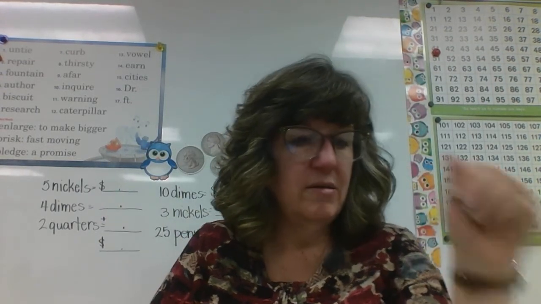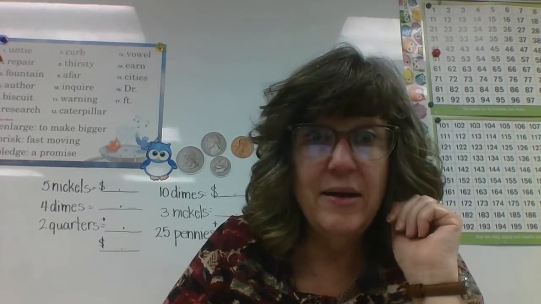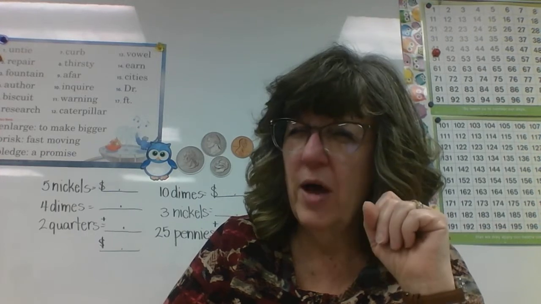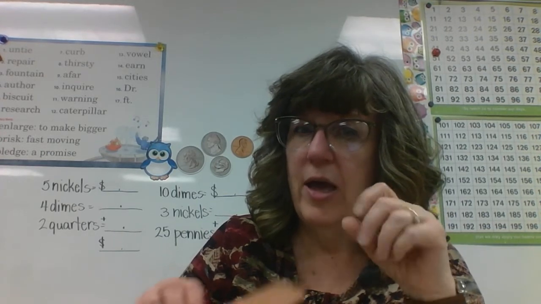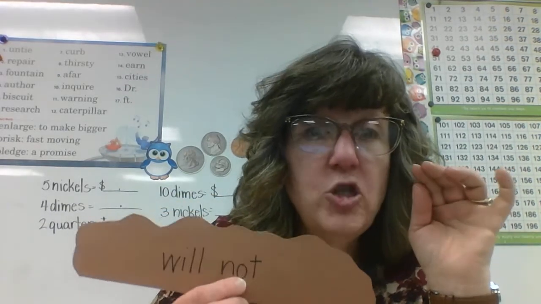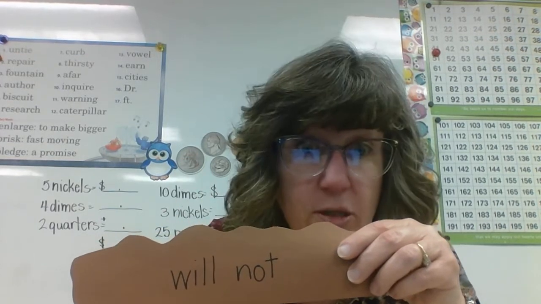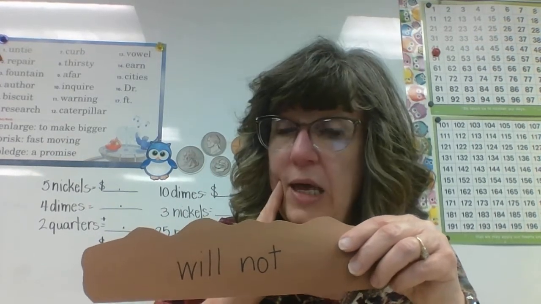Here we go. Okay, the next person is, okay, Ben, or Quen. We just did Benjamin. Quen. Quen, I think you've got this. Okay, here we go. Will not. This is the one that changes. This one takes out lots of letters and changes some of the letters. Okay, Quen, are you ready?